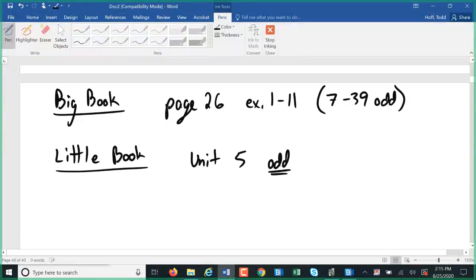If you don't have the little book yet, I know a couple of you are waiting for that. I believe in the big book it is 1-12. Let me double check here. So it is section 1-12, page 27, 28.